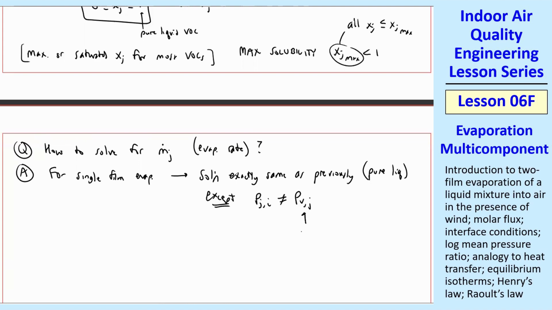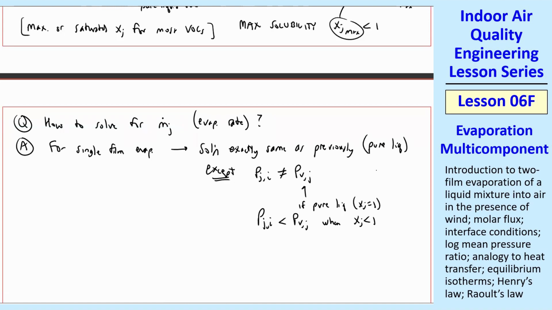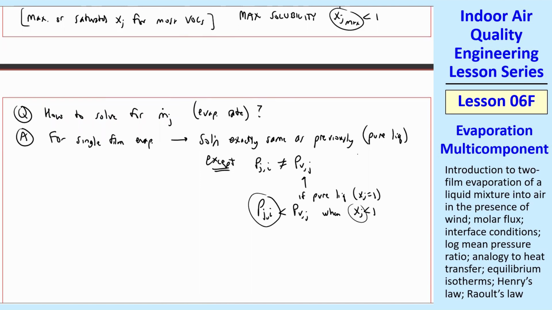It would equal PVJ if a pure liquid, and PJI is less than PVJ when xj is less than 1. So it's really a matter of finding this as a function of xj, and then we can solve the problem exactly the way we did before.